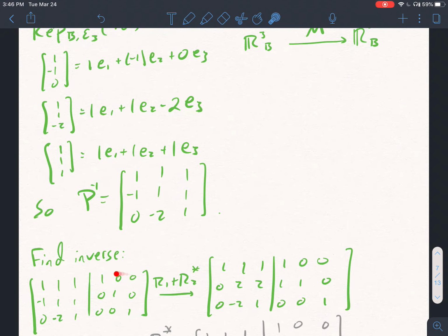Once this row reduces to the identity, then the identity should row reduce to the inverse of this matrix.